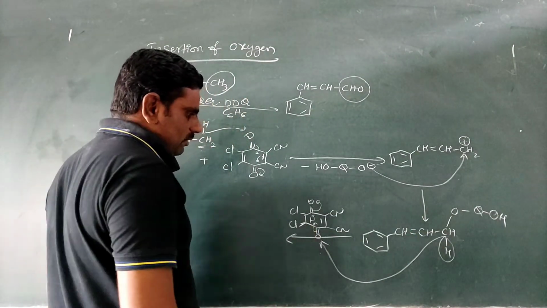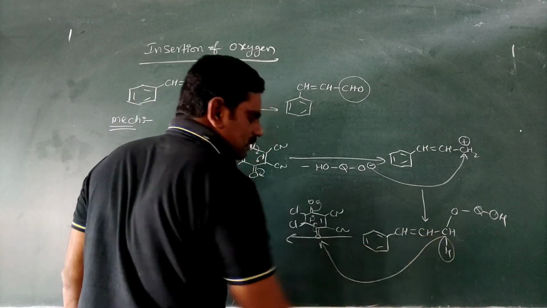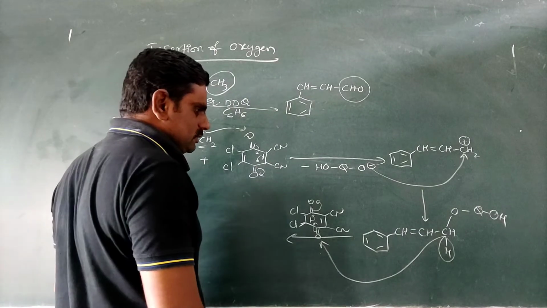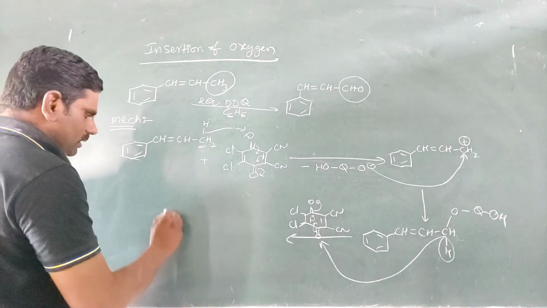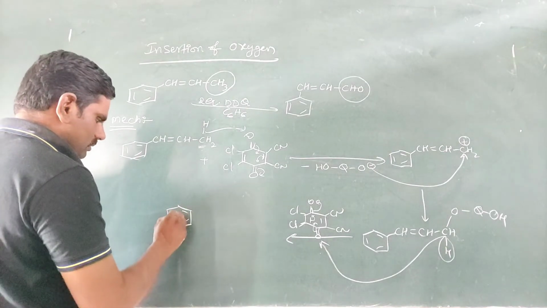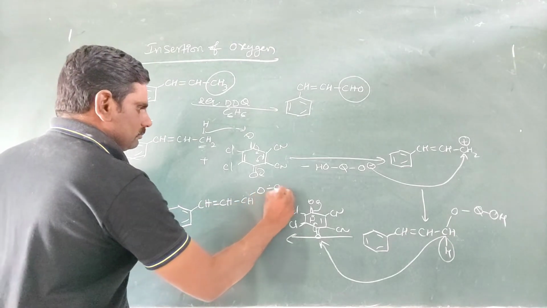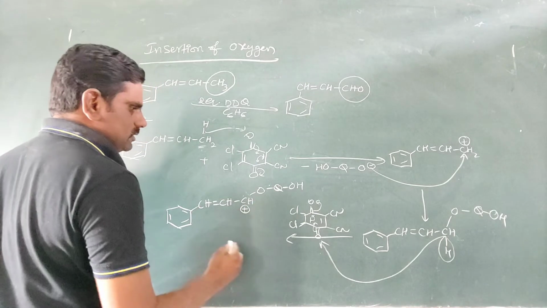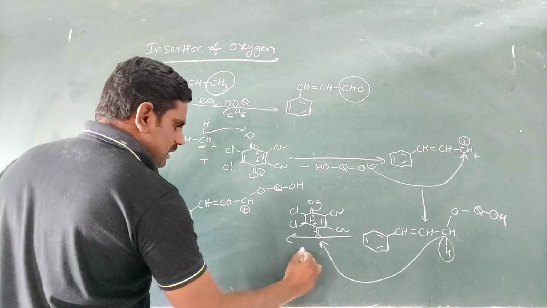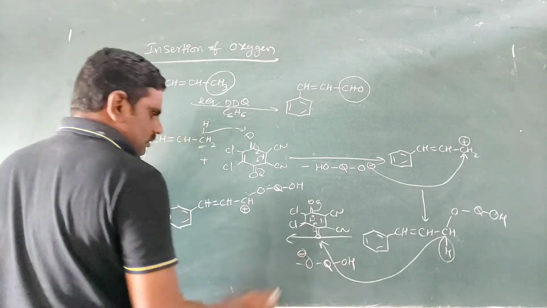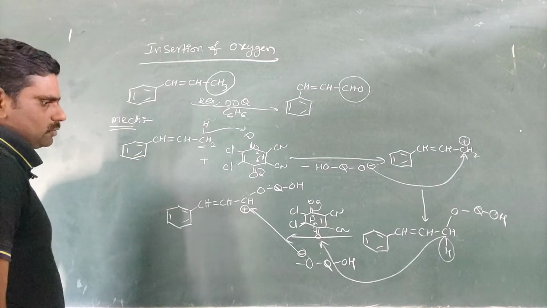And another mole of DDQ is involved here. Here we have another allylic hydrogen. DDQ abstracts that hydrogen and a positive charge is formed here. After abstracting it, that molecule remains like this. This negative charge again attacks it. So what happened here?